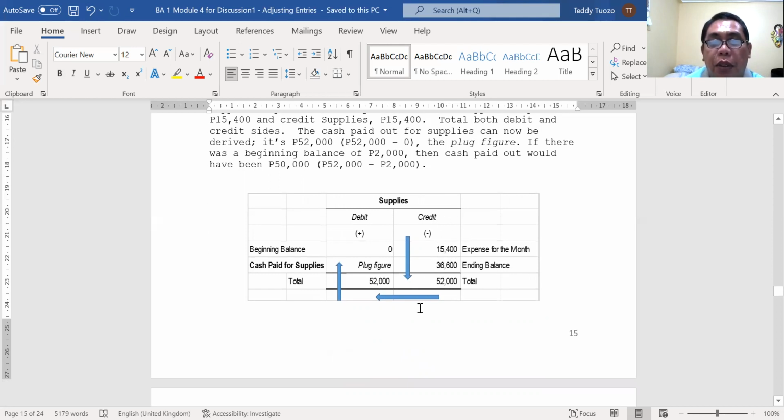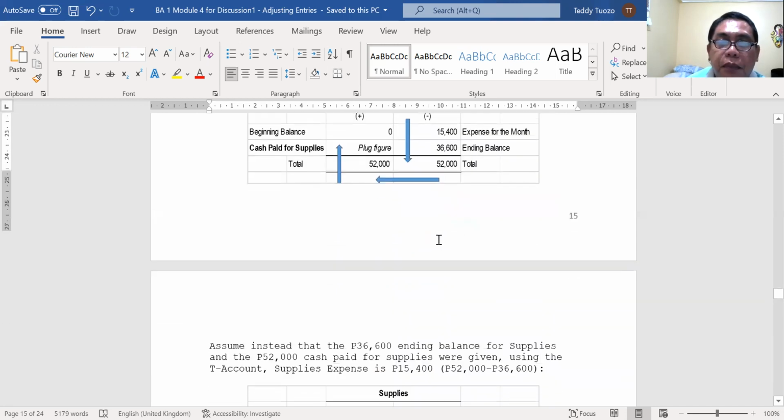So the debit or purchases of supplies that was paid in cash was for 52,000. If there is a beginning balance there, minus the beginning balance would be your figure for the purchases for the period of supplies. Ana siya class, no?